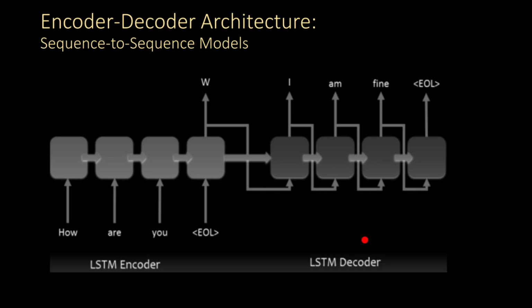The same concept gave rise to the encoder-decoder architecture. It's a very interesting architecture. It enables natural language processing algorithms not only to understand natural language, but to generate it.